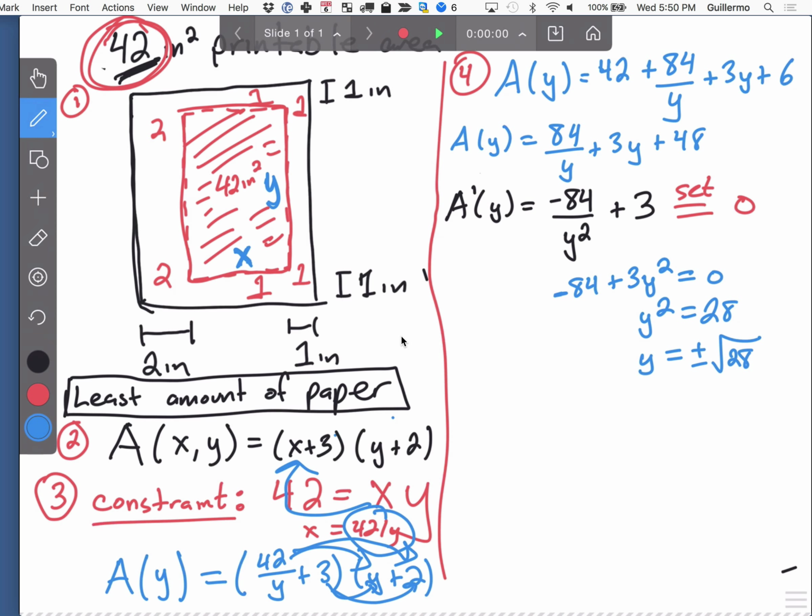Well, do I need to write down both? No, right? Y can't be negative, because we're talking about the length of a piece of paper, so obviously it can't be negative. The other thing is, this is one of our critical points, right? But we didn't write down, we skipped one. Did you guys notice? What's another critical point?